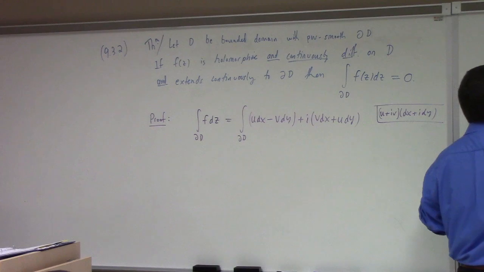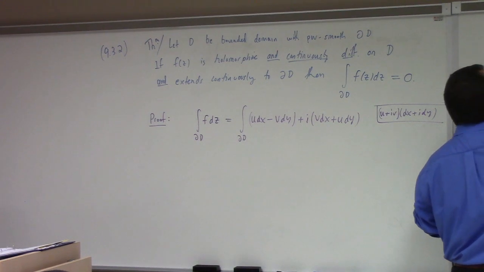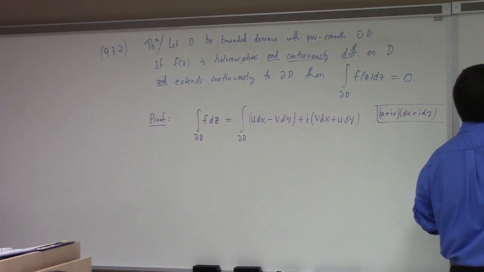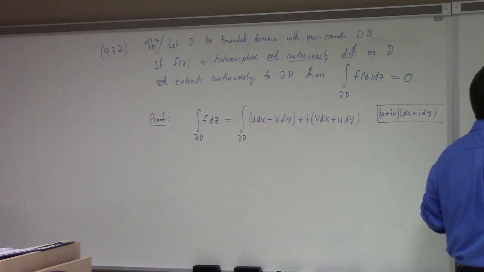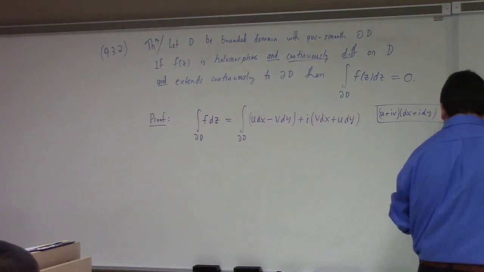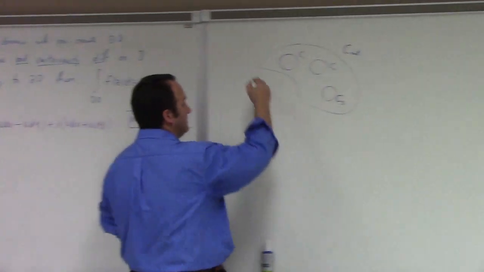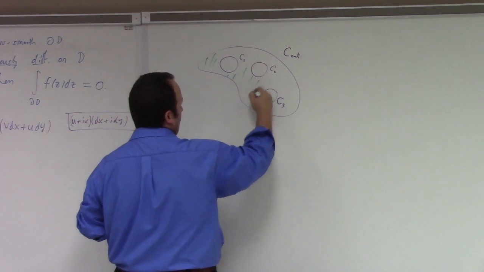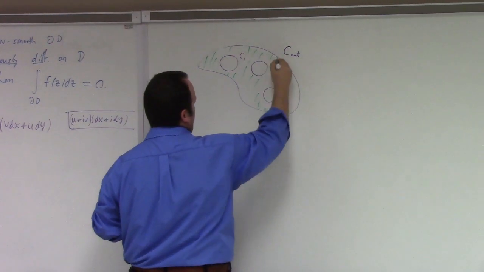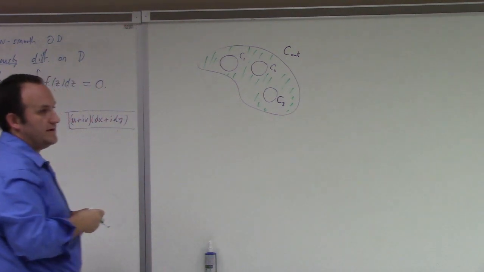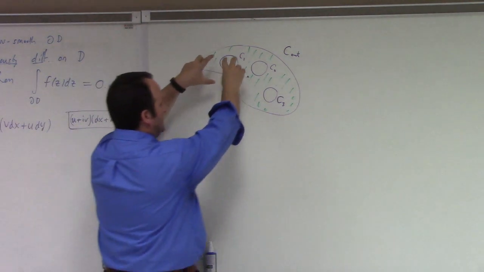If this is C out, and we have holes like C1, C2, C3. What if you had a Swiss cheese looking kind of shape? How would Green's theorem work on this sort of thing? Do you guys know? No, because I can't deform a loop. These are holes. I'm stuck.